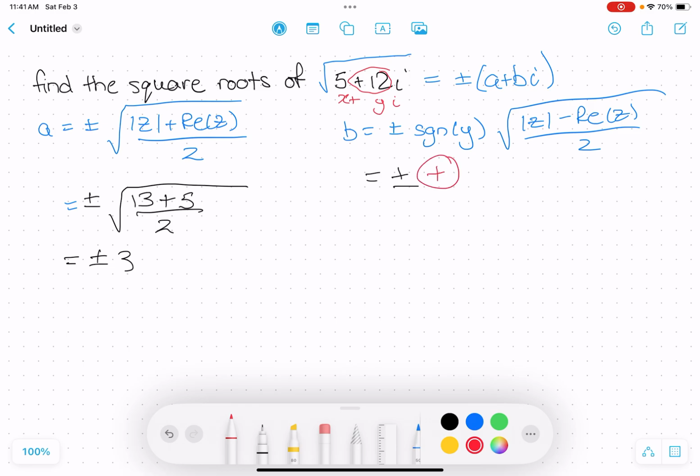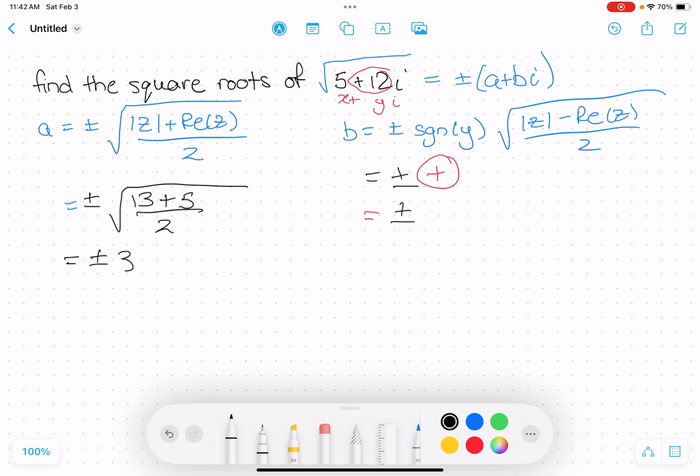Okay, so if the sign was negative, then on my next line, I would change this to negative. I'll show you what would happen. But because it's positive, I will keep it as just plus minus there.